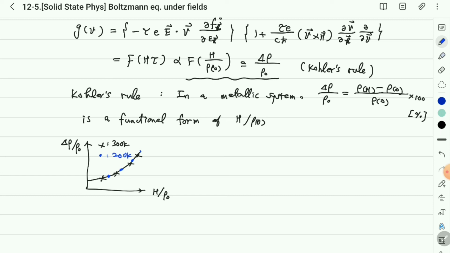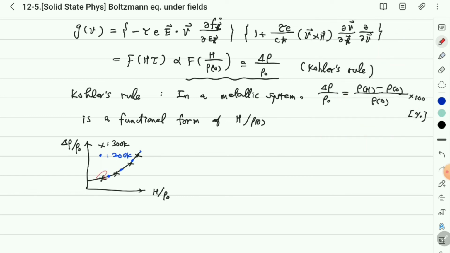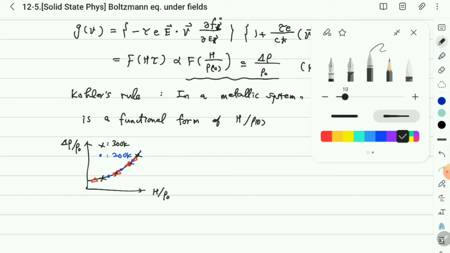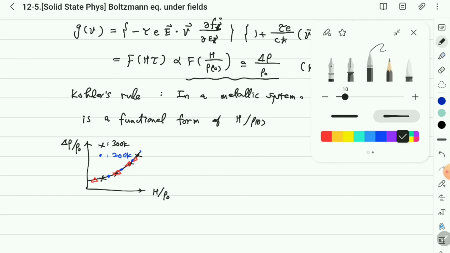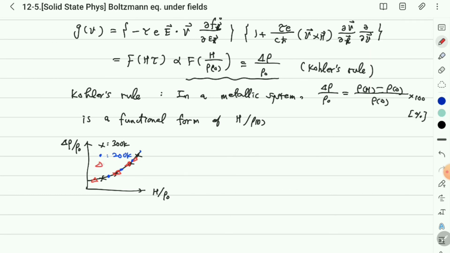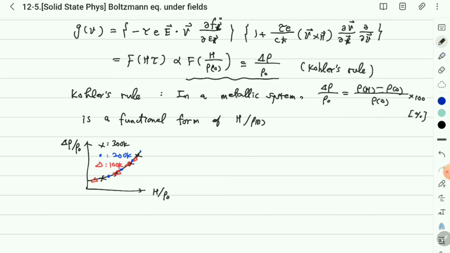It is one example. Anyway, this kind of data may coincide in a single curve. The red one is, for example, 100 Kelvin, and we have presented the experimental data of Kohler's rule.